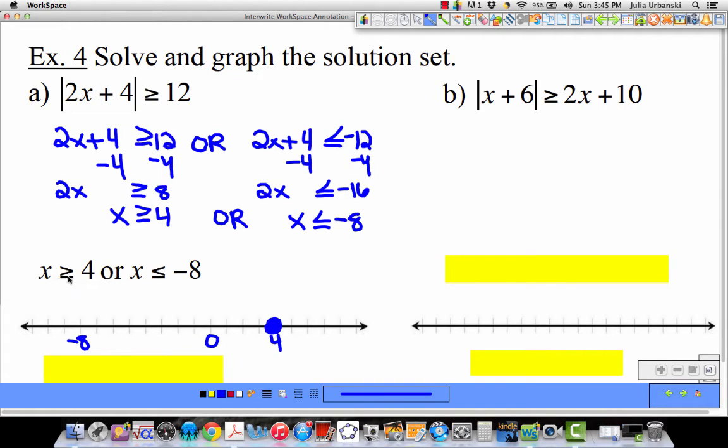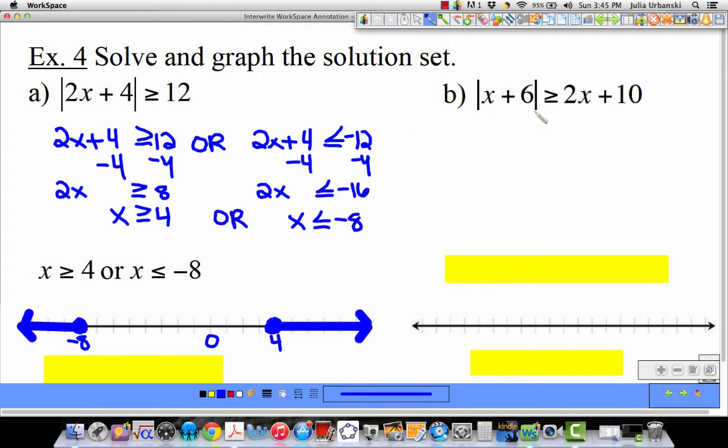It says x is greater than or equal to, so I'm going to make it go to the right. And on the -8, it's a filled in circle because it says less than or equal to. So that number is included. That's why it's filled in. And then it says less than, it's pointing to the left. I'm going to go that way. And that's your or statement right there.